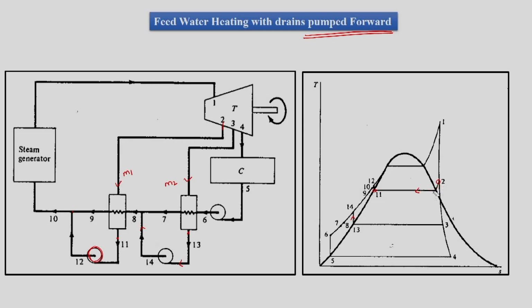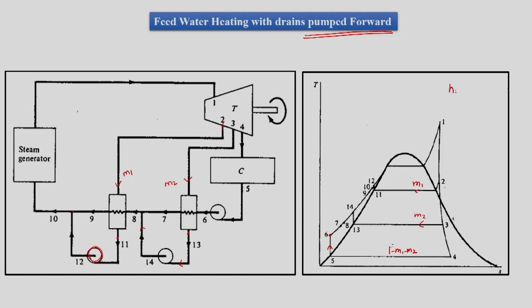So the diagram, as we can see, this is the initial part of the turbine 1 to 2, but at 2 M1 mass will be coming out, at 3 M2 mass will be coming out, and then at 4 for the condenser we have 1 minus M1 minus M2 mass. This 1 minus M1 minus M2 mass will get pumped to the boiler pressure.